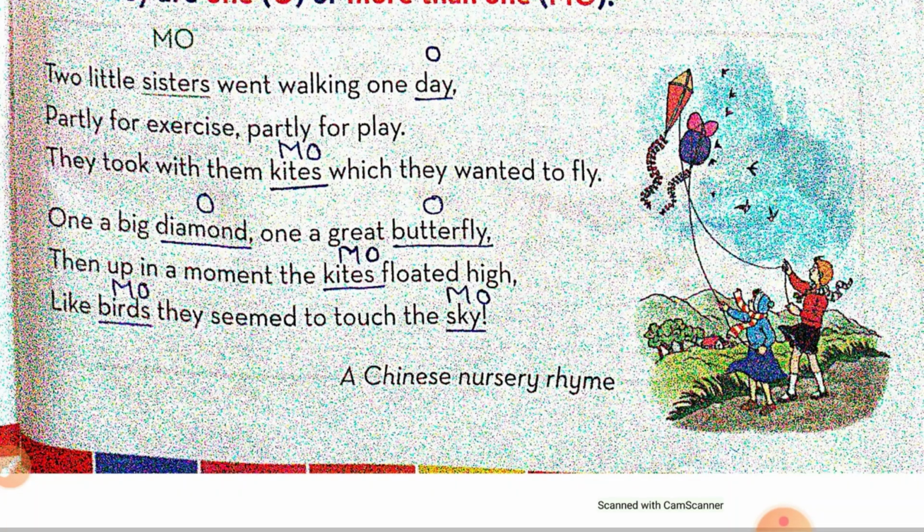Again kites. It's a plural noun. That's why MO is written. Like birds, they seem to touch the sky. Birds and sky. These are plural nouns. That's why you should write MO.